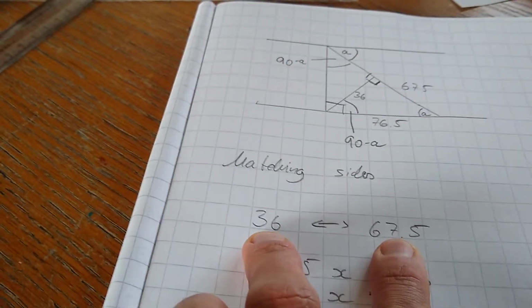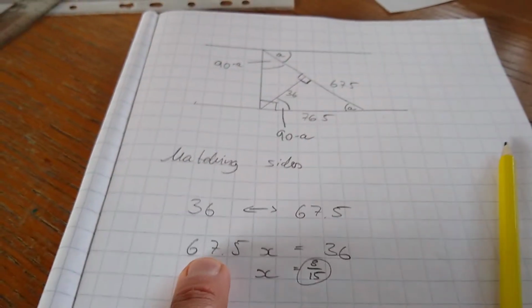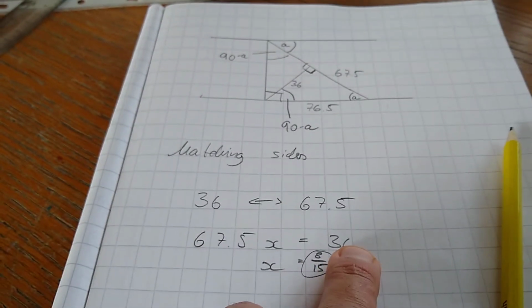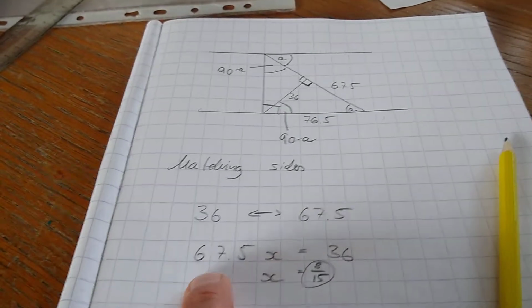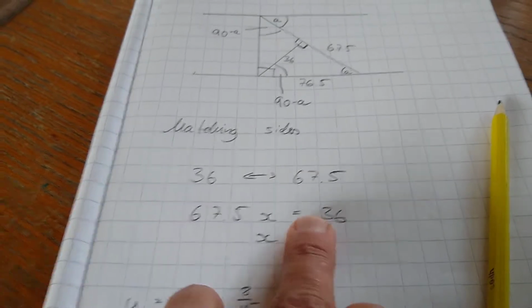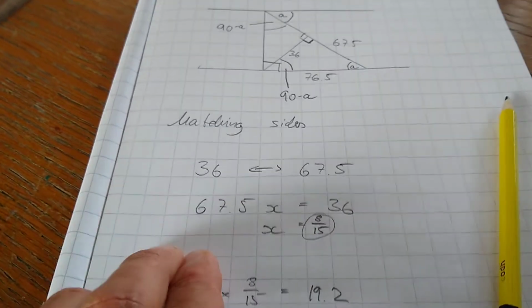And since the sides I'm looking for are in the smaller of the two triangles, 67.5 has been multiplied by something, so times by x, to make 36. I just solve this by dividing by 67.5 on both sides. The calculator gives me a nice fraction, 8 over 15. And that is my scale factor from the bigger triangle down to the smaller one.